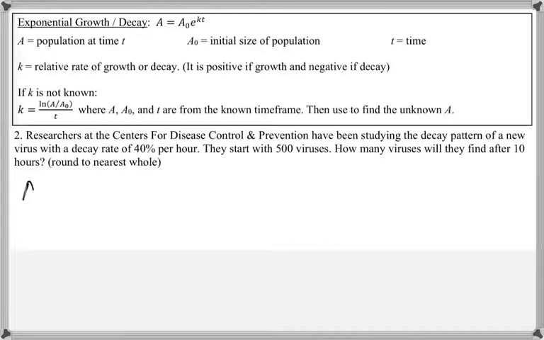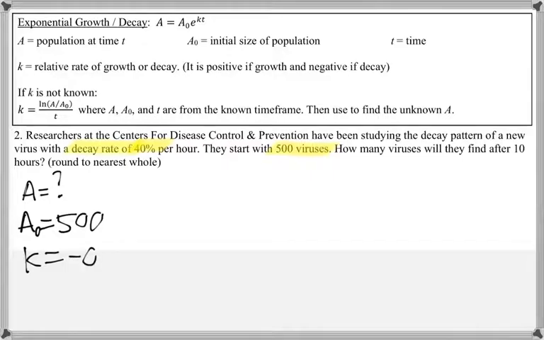So I like to define all my variables and organize all the information that I know. So I'm looking for the value of the population, and I know I start out with 500. My K is going to be 0.40, and it's actually going to be a negative 0.40 because it says decay.